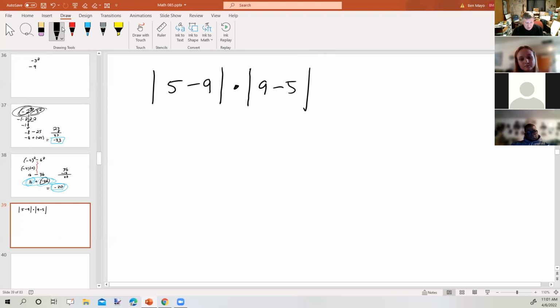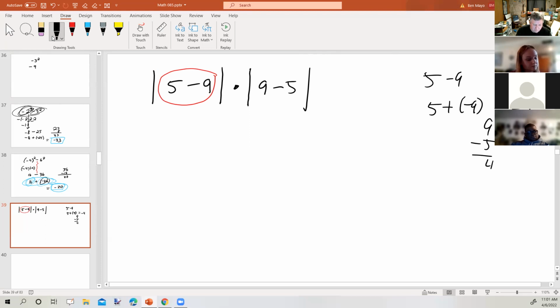So like parentheses, we would do what's inside first, okay? So 5 minus 9 is like 5 plus negative 9, which is going to be negative 4. So 5 minus 9 is negative 4, still inside the grouping symbol. Okay? But if we take the absolute value of negative 4, what do we get? We get a positive 4. Okay?